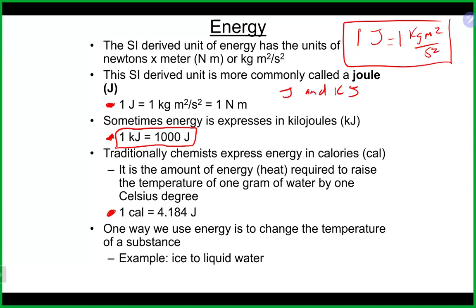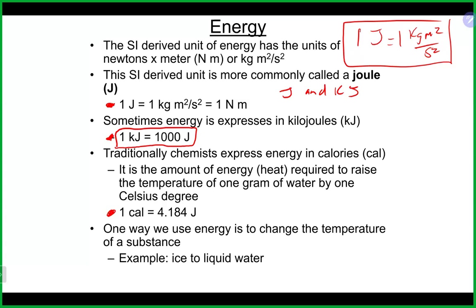Other common units of energy is a calorie, and that's a lowercase c calorie. We'll talk about what I mean by that in a second. The definition of a calorie is basically the amount of heat or energy that's required to change 1 gram of water by 1 degree.